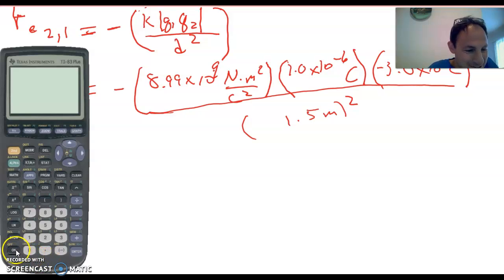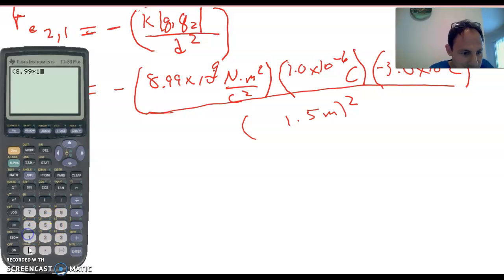All right, now let's turn on the calculator and let's open up the parentheses. Right, so we got 8.99. We can do this faster using the cursor.